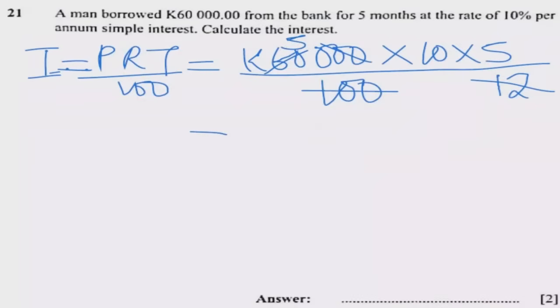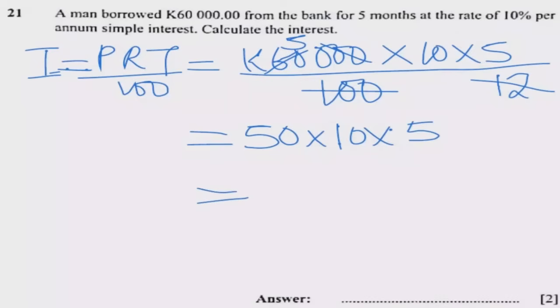So what we're remaining with is 50 times 10 times 5.